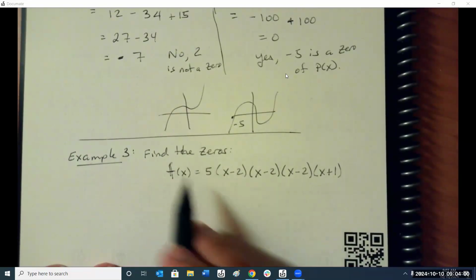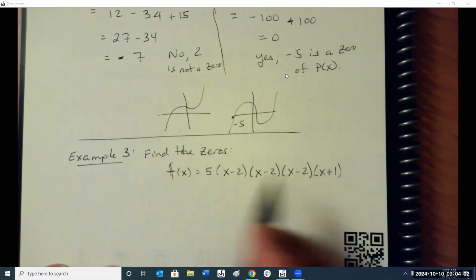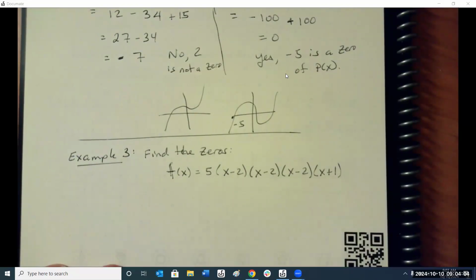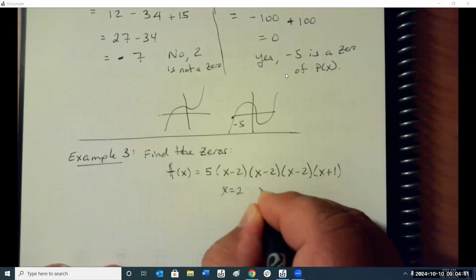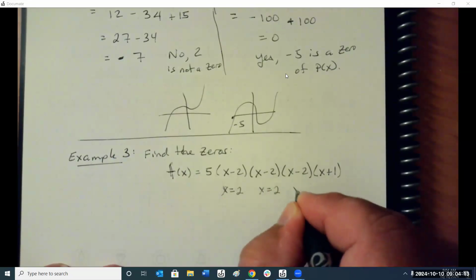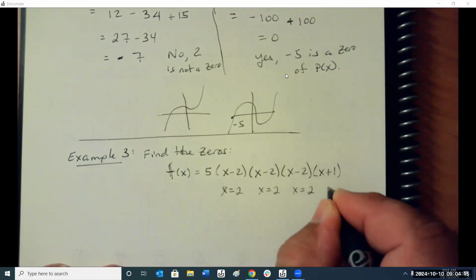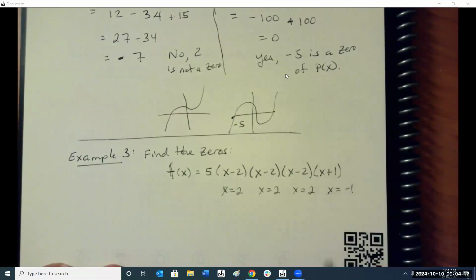So to find zeros, since this is factored already, we set each one of these equal to 0. So we get x equals 2, x equals 2, x equals 2, x equals -1.